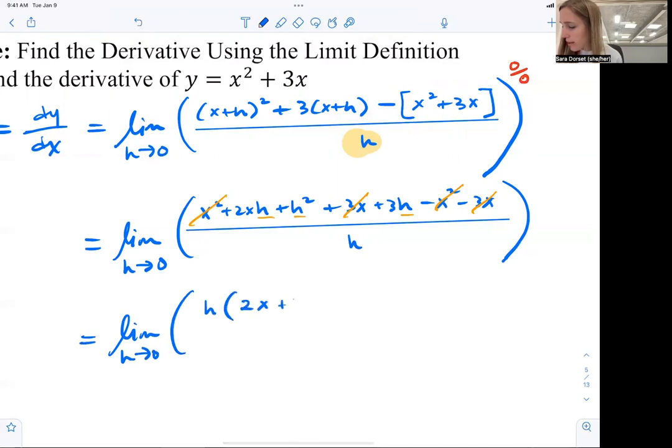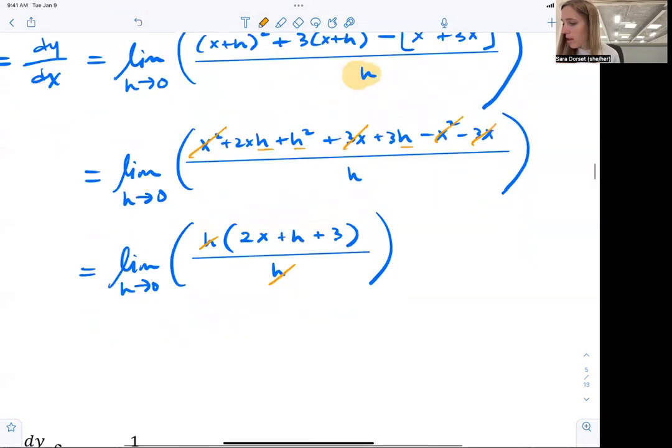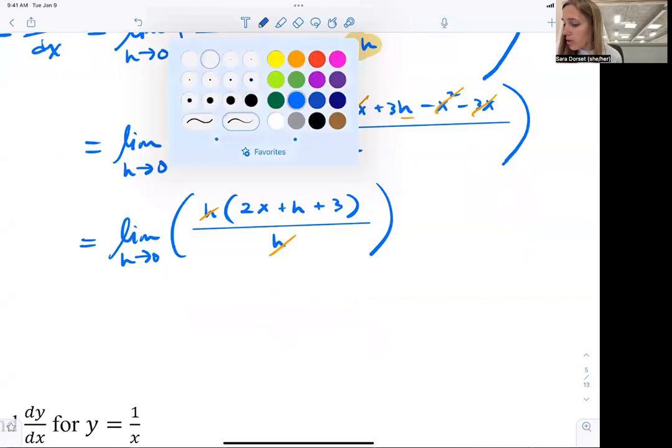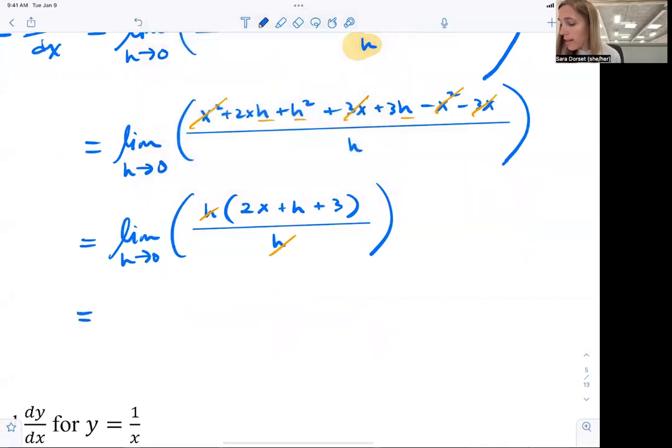Then we'd have 2x plus h plus 3 all over h. Woohoo, we got that h to cancel. So once we get that h to cancel, then it's, okay, use direct substitution now. And when we use direct substitution, we would get 2x plus 0 plus 3, or just 2x plus 3.